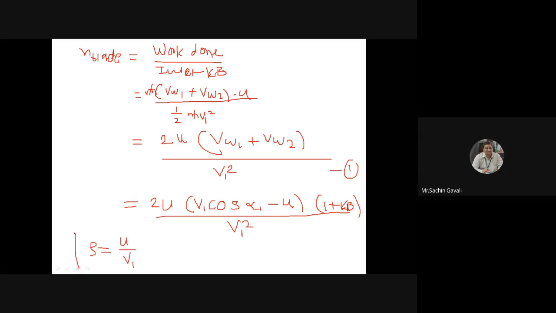Therefore, the blade efficiency will become 2 into this U and this V1, that is already rho, so 2 rho. The remaining V1 I put here, then in bracket V1 cos alpha 1 minus U divided by, sorry, into 1 plus KB.